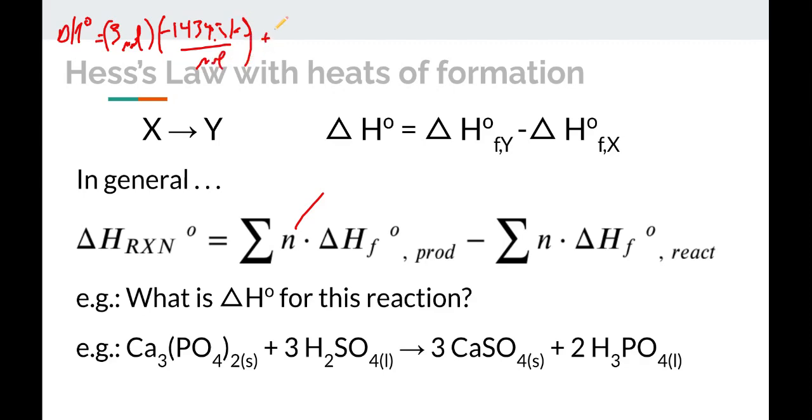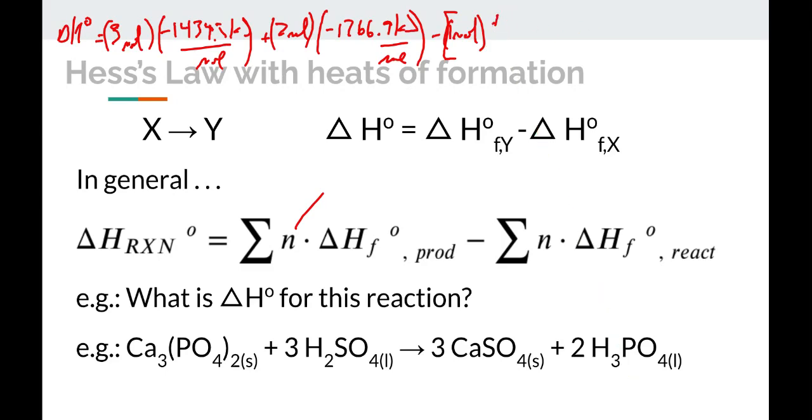And then we have 2 moles of phosphoric acid, H3PO4. Its heat of formation is negative 1266.9 kilojoules per mole. So that takes care of our sum of heats of formation of products. Now we're going to subtract from that the same sum but for reactants. So we have 1 mole of Ca3(PO4)2, calcium phosphate.